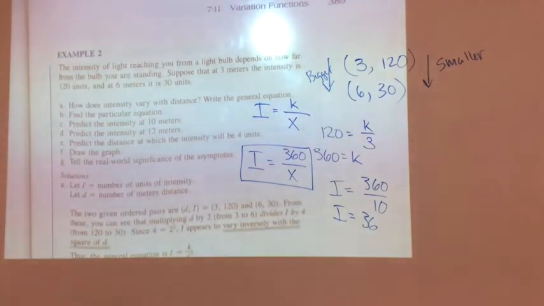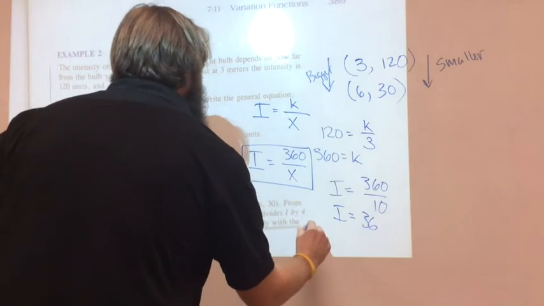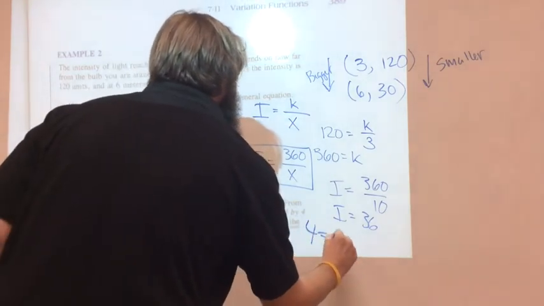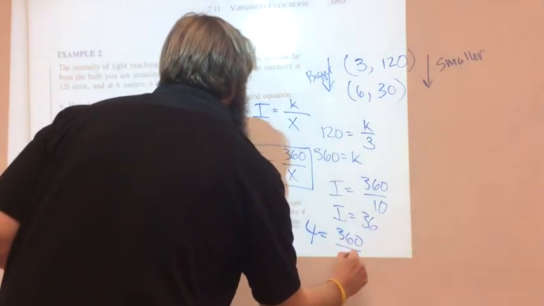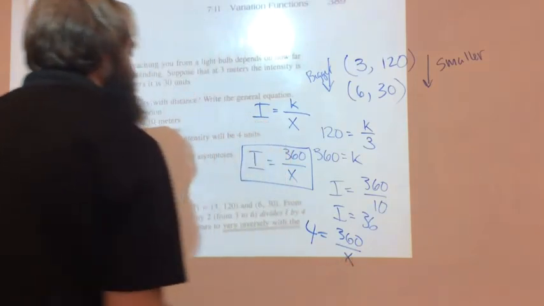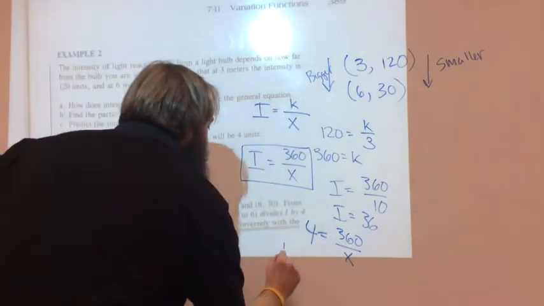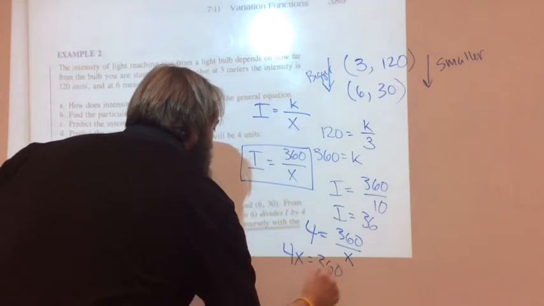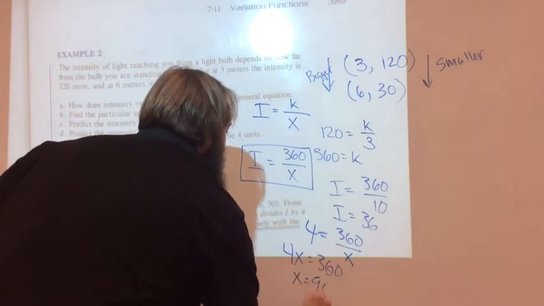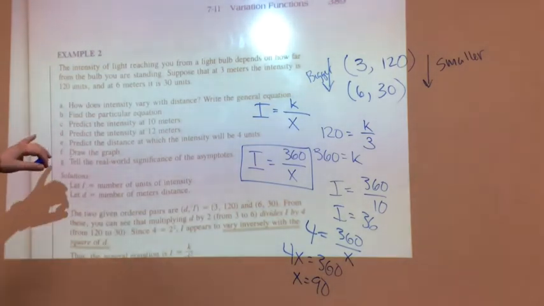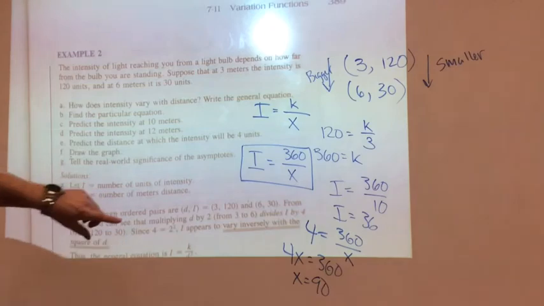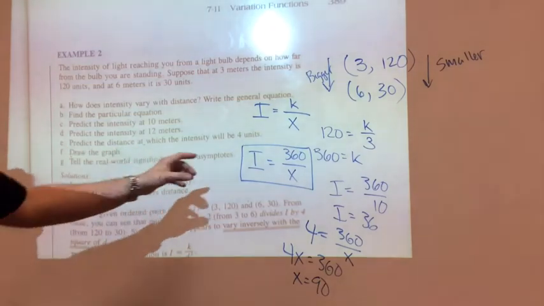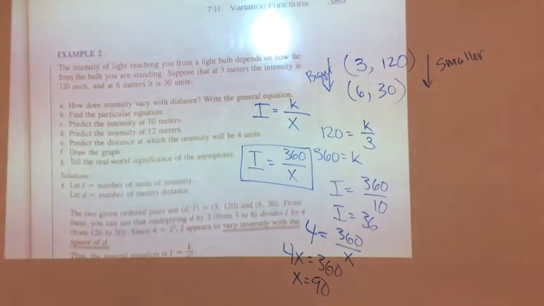To do that, we have to go back the other way. So we're going to say 4 equals 360 divided by x. We can multiply by x to get 4x equals 360. And if we divide by 4, we get x equals 90. So for part E, we would say you have to be 90 meters away, and you would see an intensity of 4.